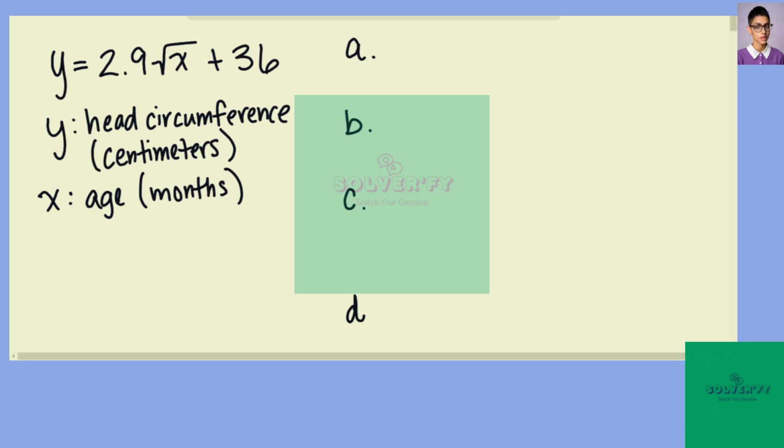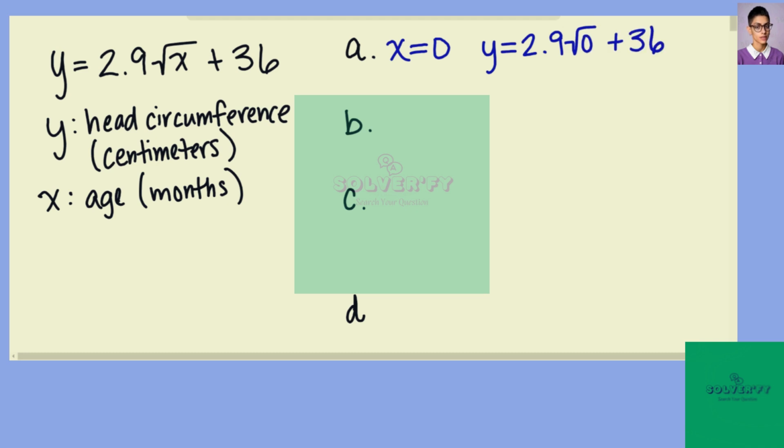For our first prompt, A, we are asked, what is the head circumference at birth? At birth indicates that age is 0, and since age is x, we can think of x being 0. So in our model, if x is 0, the circumference would be equal to 2.9 times the square root of 0 plus 36.